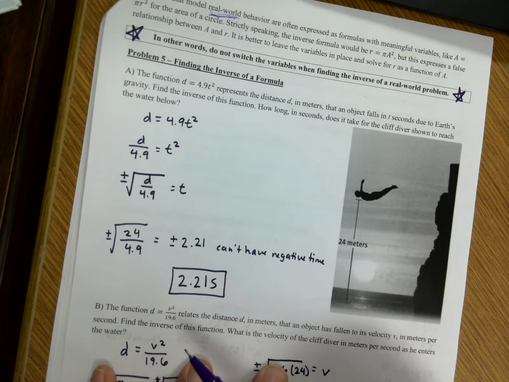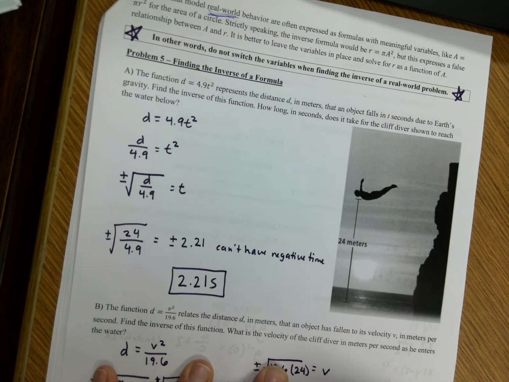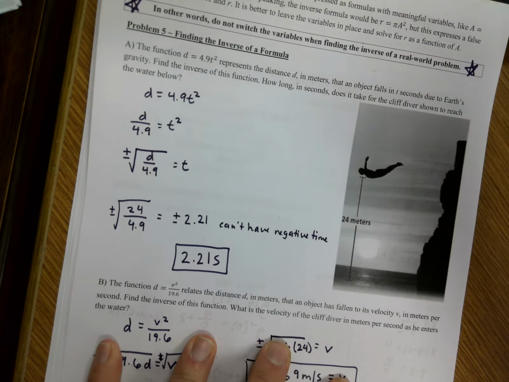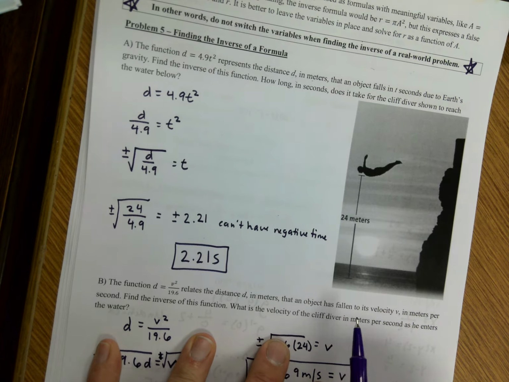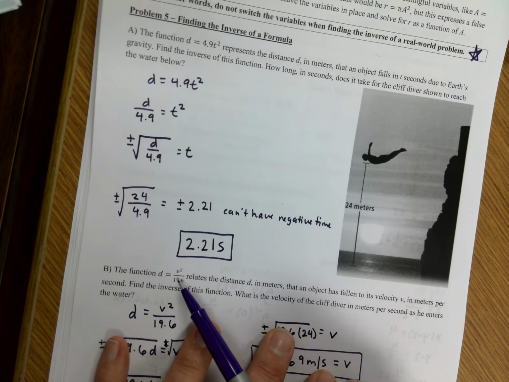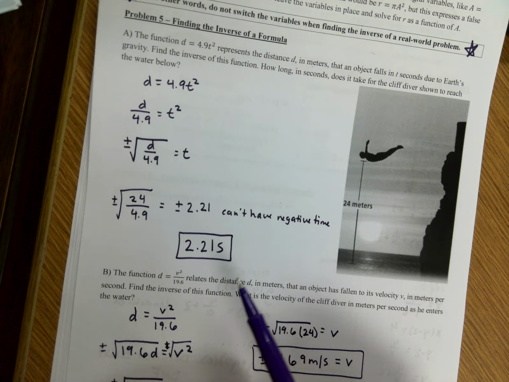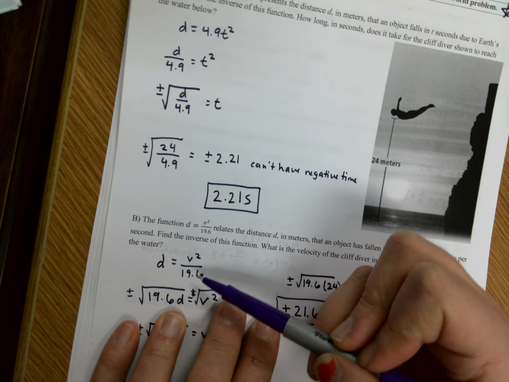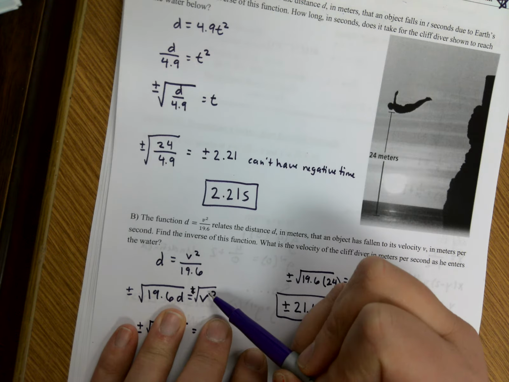So here's the function. Now we're talking about velocity. Velocity can be positive or negative, FYI. So when we're talking about time, no negative time, but velocity can be negative. So here's my equation. Again, I'm going to solve for my velocity first. So I'm going to multiply my 19.6 over, and then I take the square root.